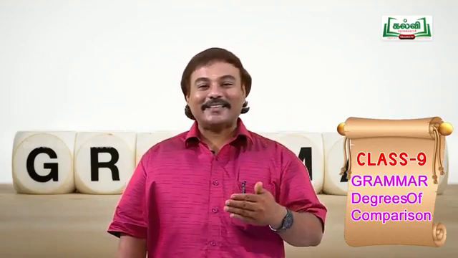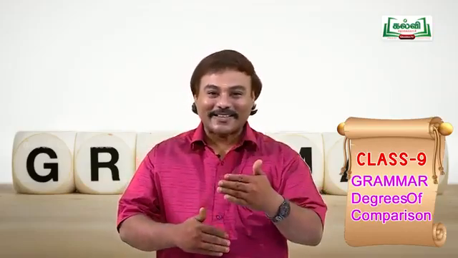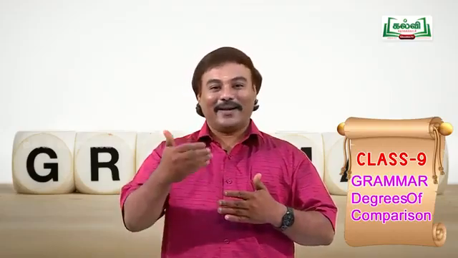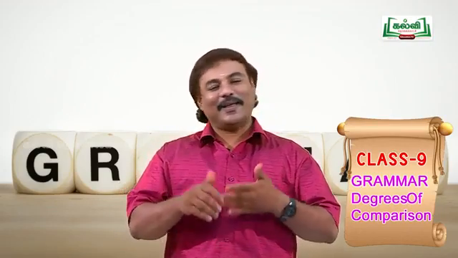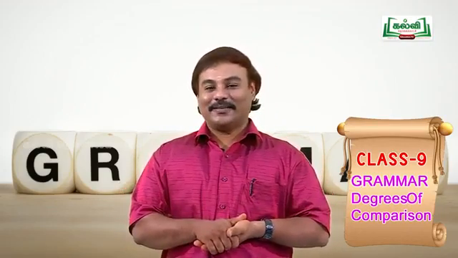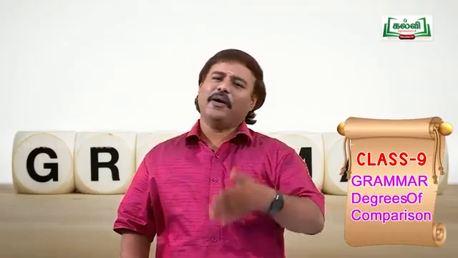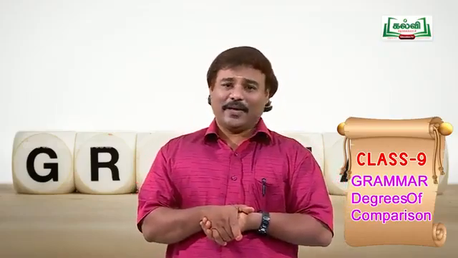Transformation of sentence means, don't be afraid, just changing of one sentence to another one. For example, changing of positive degree to comparative degree and comparative degree to superlative degree. It's very easy for you to learn, students. It's just only the basic I have recalled. Most of you have learnt it in lower class. It's only a recapitulation. Okay?